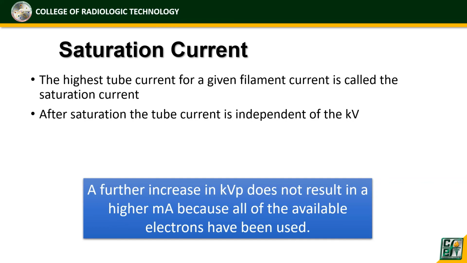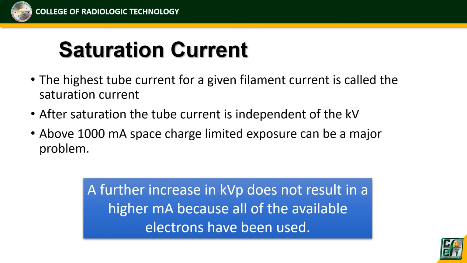After the saturation of the tube current, it is now independent of the kilovoltage. And above 1000 mA, or 1000 milliampere, is what we call the space charge limited exposure.